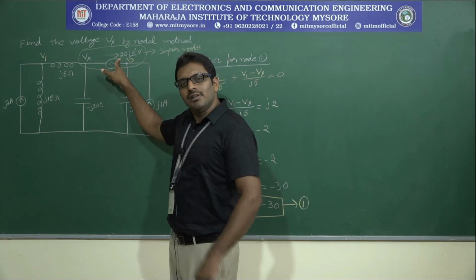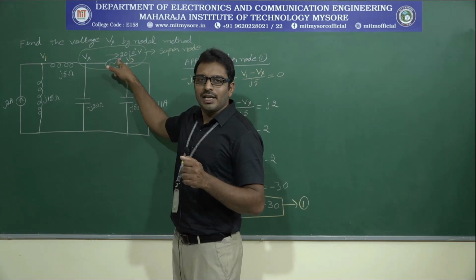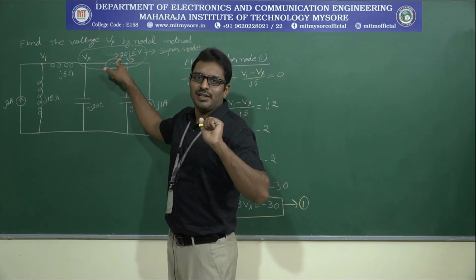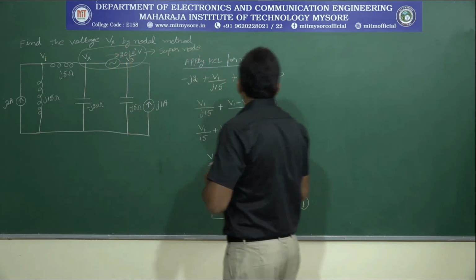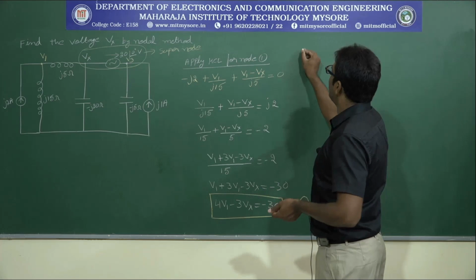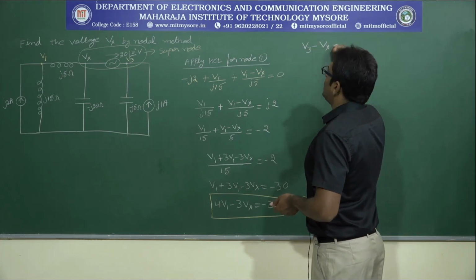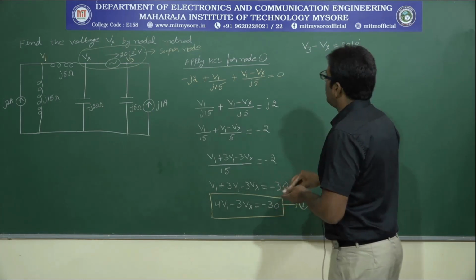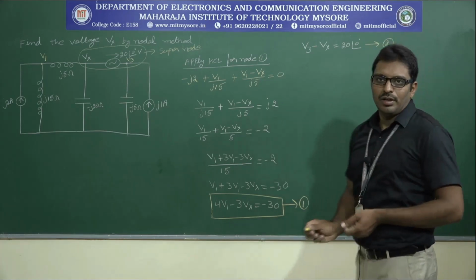Even if you consider the reverse direction, no problem, because in AC you can consider any polarity. Therefore, from the supernode, V3 minus Vx is equal to 20 at an angle 0, and call this equation number 2. Okay.